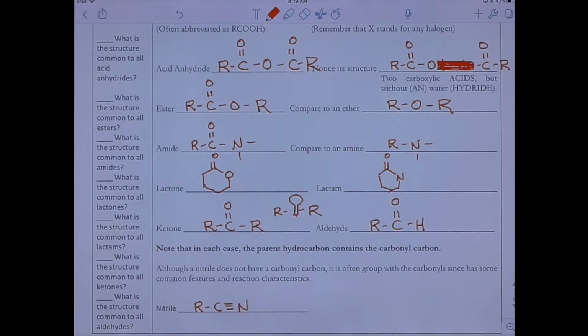Esters, phospholipids, triglycerides, all kinds of stuff like that. And ketones and aldehydes. So if you want to understand what's going on in biochemistry so you can just reason it out instead of brute force memorizing everything, this will help you.